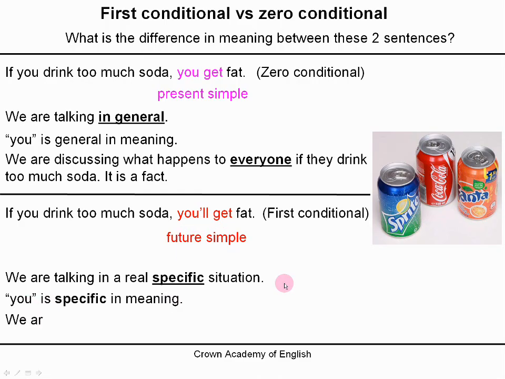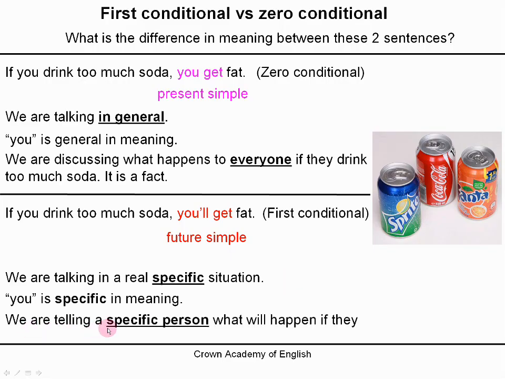Specific. And we are telling a specific person what will happen if they drink too much soda. Okay? So they look very similar, they sound very similar, but the meaning is different. So this is the zero conditional, this is the first conditional. I have a separate lesson about the zero conditional on my channel.